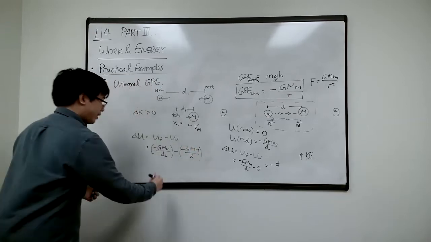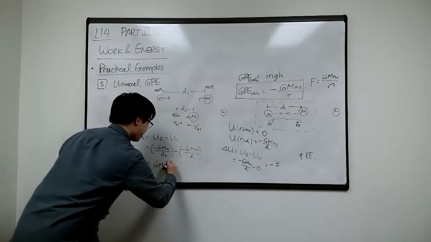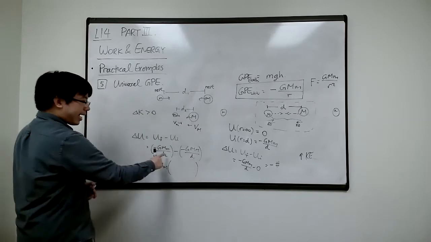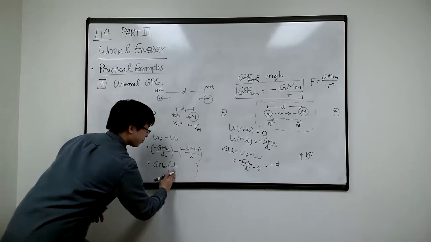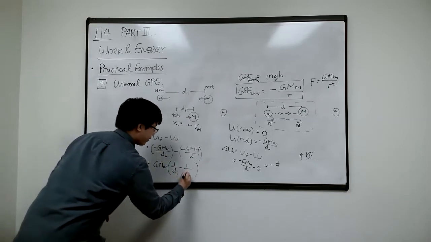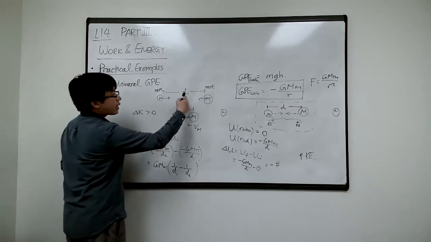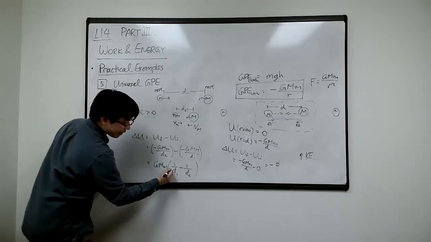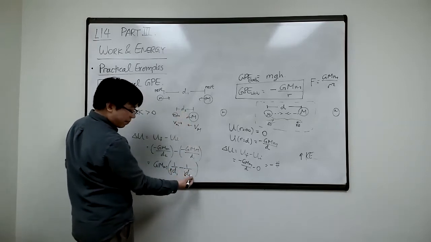So we have common factors of GMm. Let's pull them out. Then we have positive 1 over D1 and negative 1 over D2. Which one's larger? Well, D1 is a large number and D2 is a small number, but this is on the bottom.